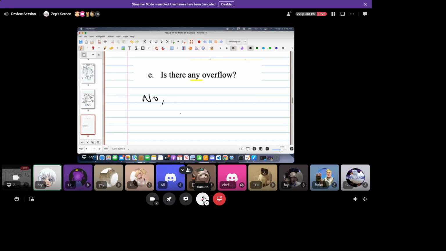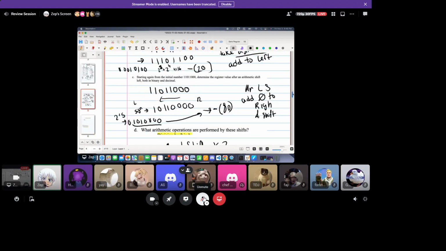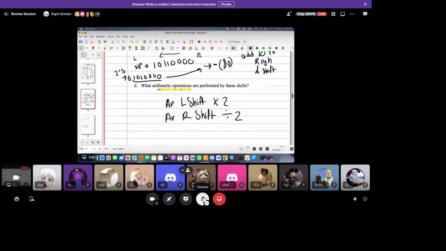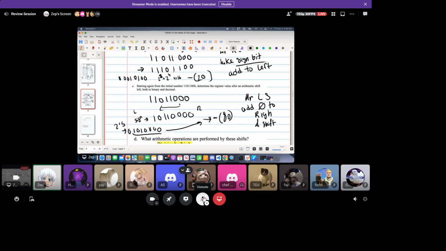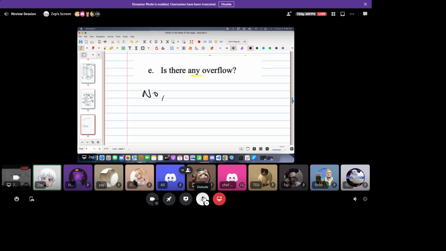It's due to how the registers are built. When you divide by 2 or multiply by 2, the value is always going to stay within the bounds. And we can calculate the bounds. We have 1, 2, 3, 4, 5, 6, 7, 8, so 8 bits, and we are using sign bits. So the formula for the range is negative 2 to the n minus 1, to 2 to the n minus 1, minus 1.